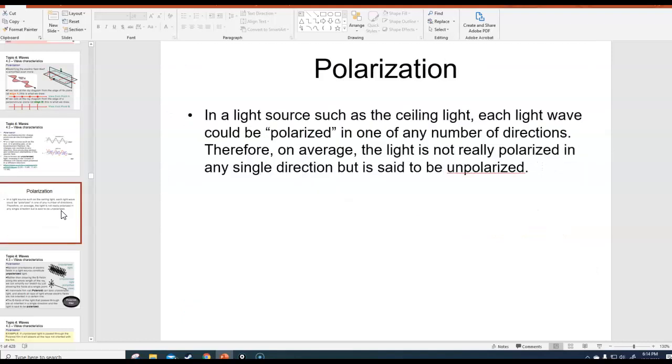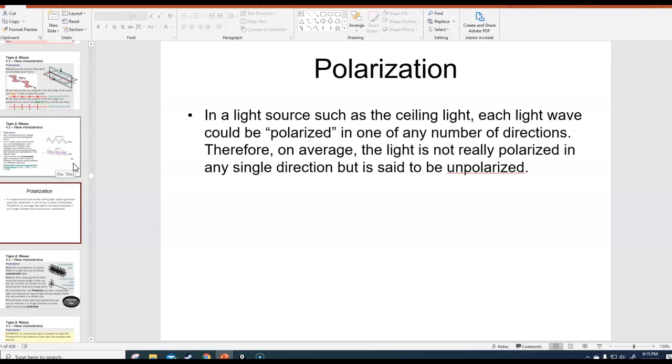Now, again, when we talk about light being polarized, we talk about in some way making it restricted to only oscillate in one direction. And there's a few different ways to do that. We're mainly going to talk about a material called a polarizer, but light can also be polarized through reflection off different surfaces, and we'll talk about that as well. Okay, so light from the sun or the ceiling lights tends to be unpolarized.